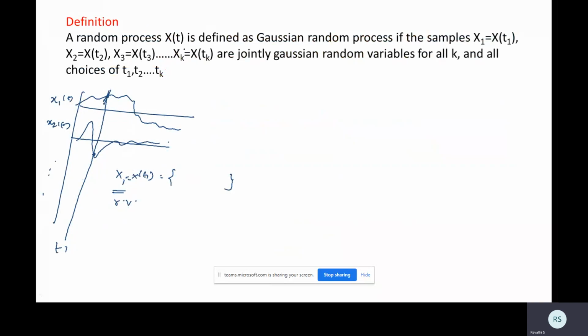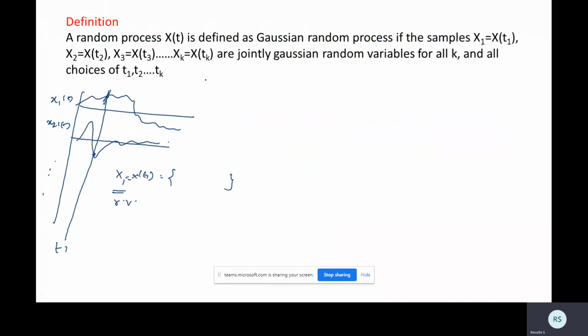A random process x of t is defined as a Gaussian random process if the sample function taken at time instant t1 gives a random variable x1, at time instant t2 gives a random variable x2, and similarly till tk gives a random variable xk, and these are jointly Gaussian random variables. Whatever random variables you take at different time instants should be Gaussian in nature, for all values of k, whether 1, 2, 3, 4 or anything, and for all choices of t1, t2 till tk.